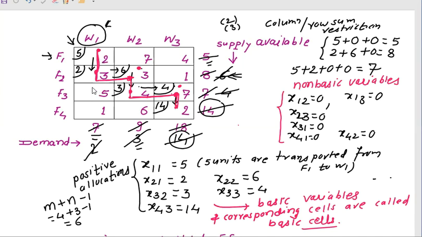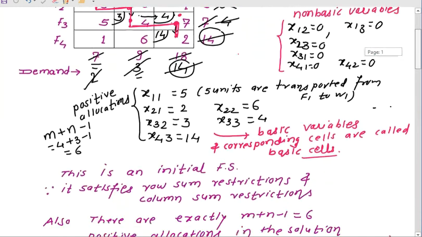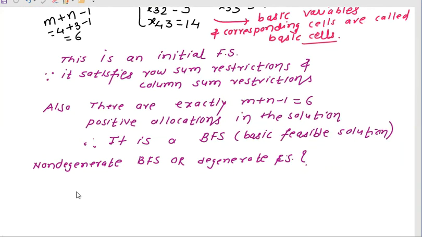Therefore, it is a non-degenerate basic feasible solution.